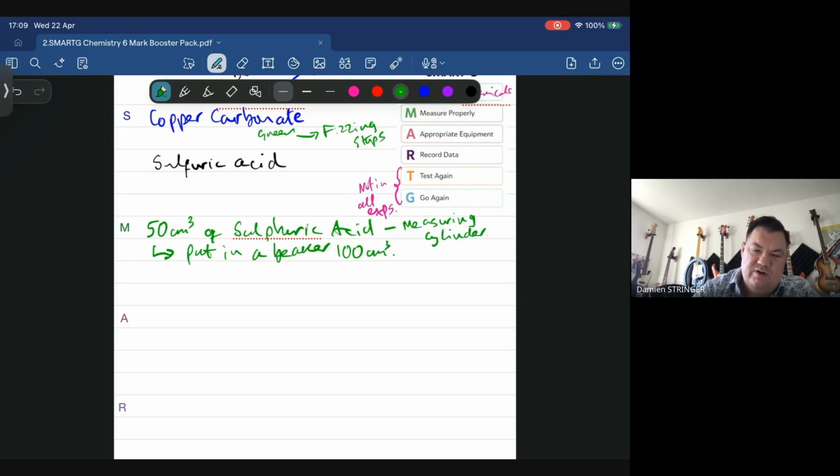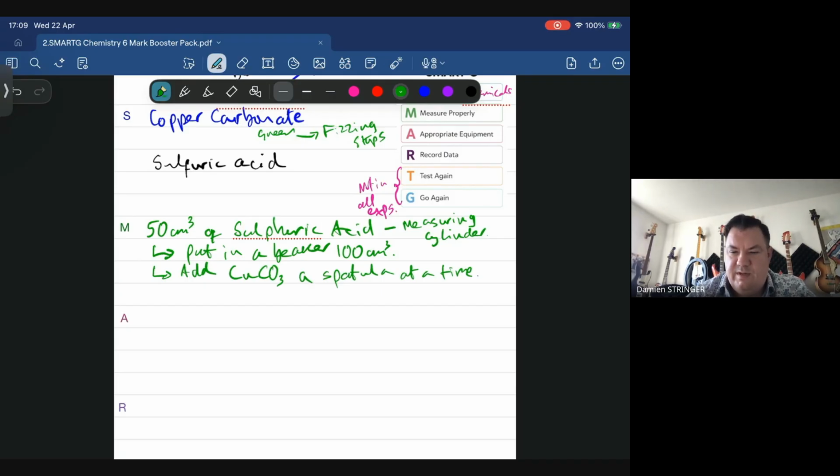You don't want it up to the brim. And then we're going to add the, shall we do copper oxide? Because it's kind of the more, no, we'll do copper carbonate because it's a bit different. Copper carbonate with a spatula, I'd have thought, a spatula at a time. And then how do we know when to stop with that one?